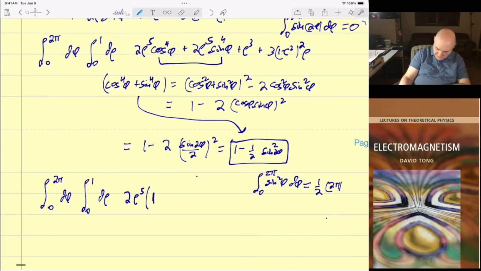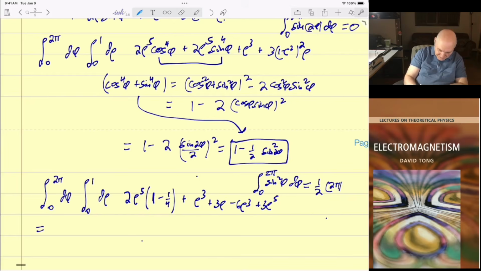And this term is just minus 1/4 because the average value of this is 1/2. So I get 1 minus 1/4. And then I have the other two terms, rho cubed. Now I'll expand out this thing over here, so I get plus 3 rho minus 6 rho cubed plus 3 rho to the 5th. And so that's what I get.